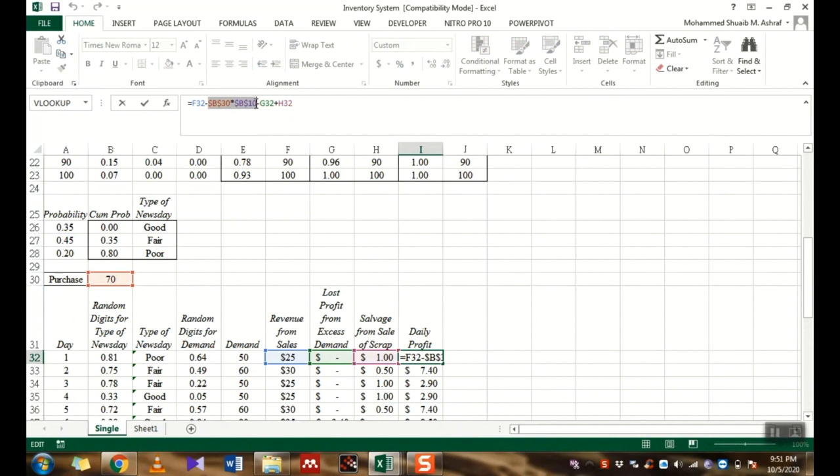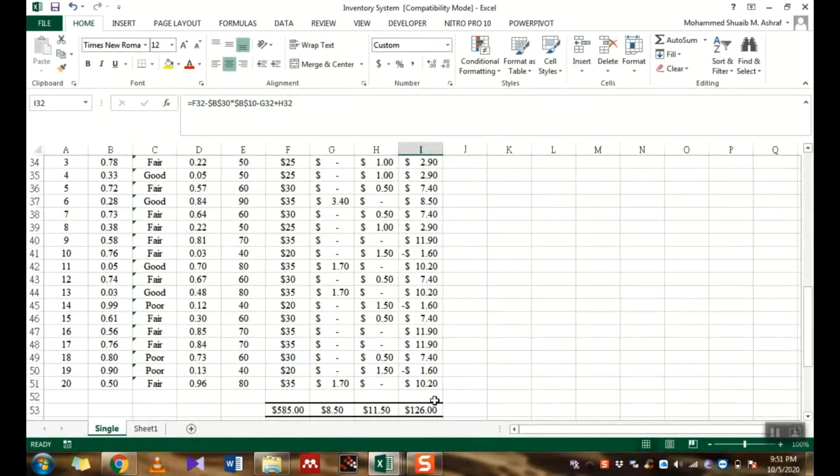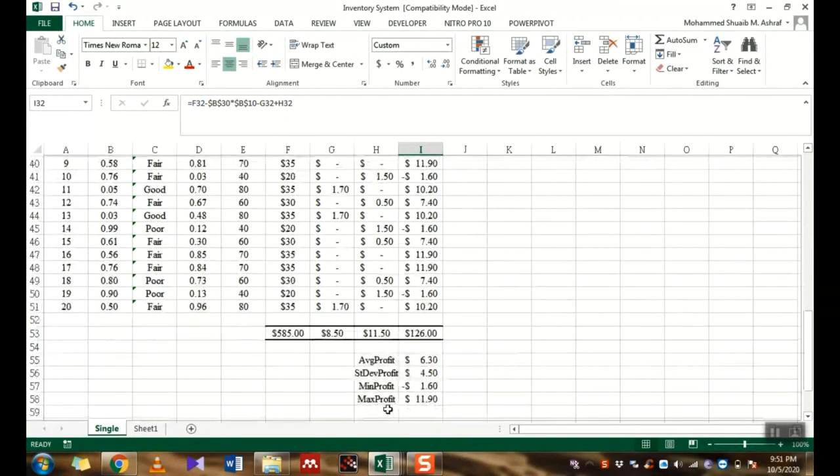This fixed value will be paid to the company every day, minus lost profit from excess demand plus salvage from the sale of scrap. So the daily profit is being computed for 20 days.